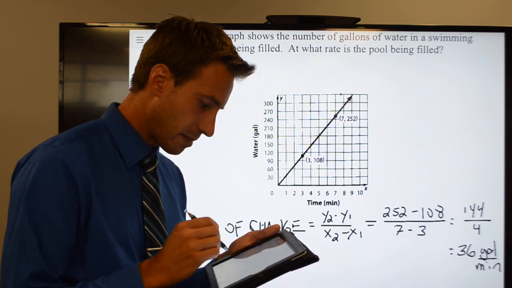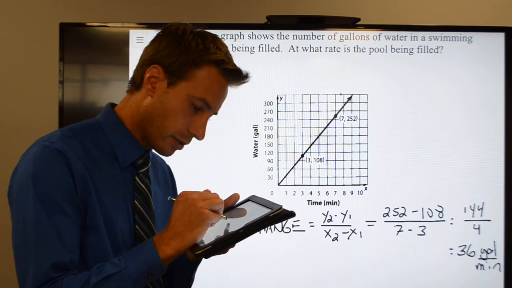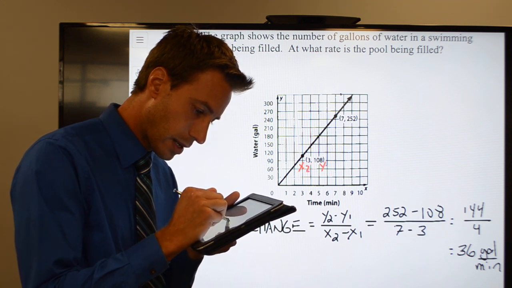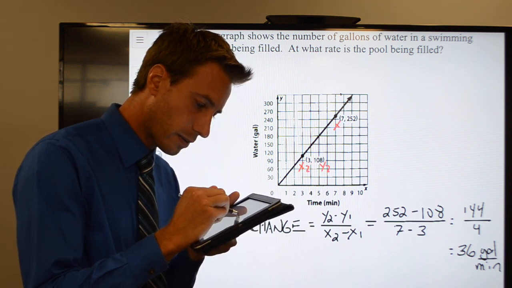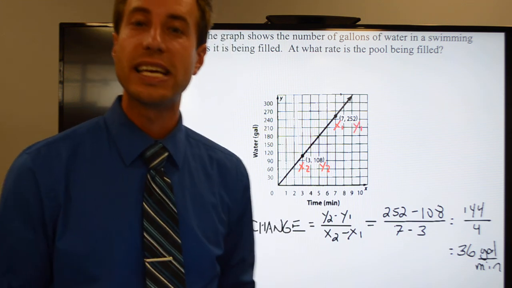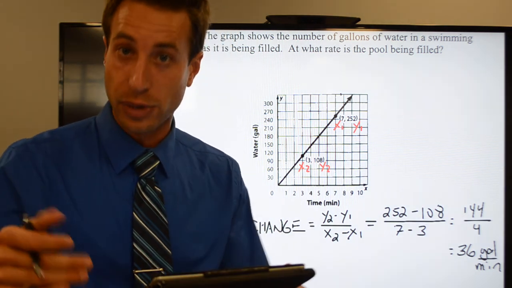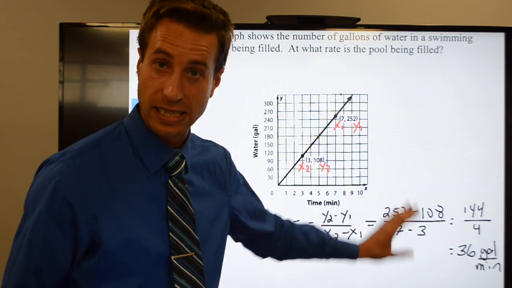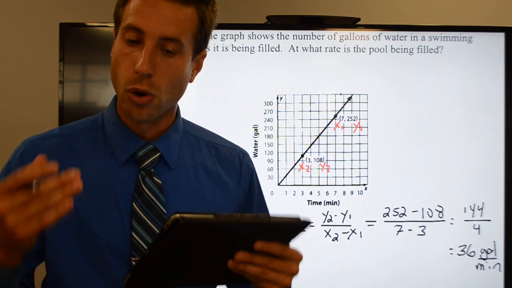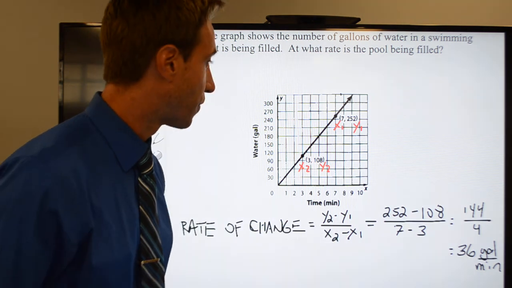I'm now going to make this point x2, y2, and this point x1, y1. So really here the question is, when you're calculating rate of change and later on calculating slope, because you do it the exact same way, does the order matter? Does the order of the points matter? Is it important? Well, let's find out.